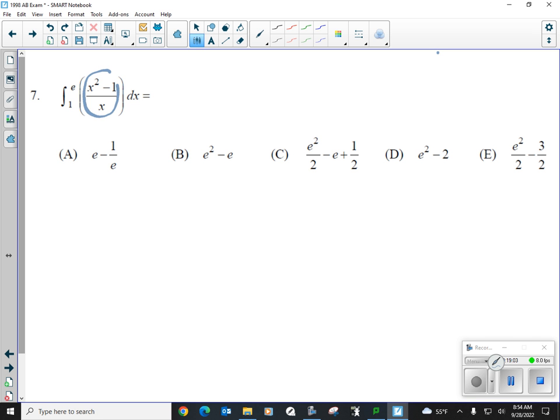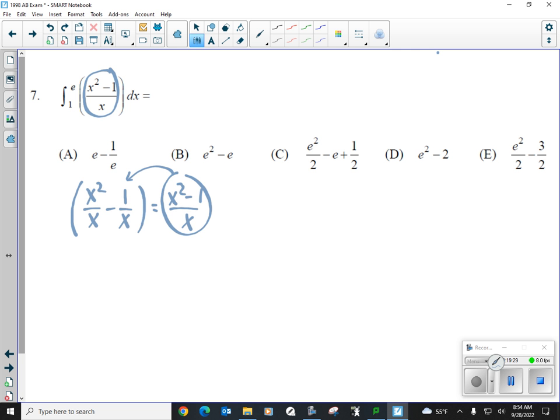It will be really helpful if you can identify when you can simplify fractions and when you can't. In that parenthesis, I'm going to break that up as x squared over x minus 1 over x, because if I combine those, I end up with x squared minus 1 over x. So all I'm doing is breaking back up what I started with.